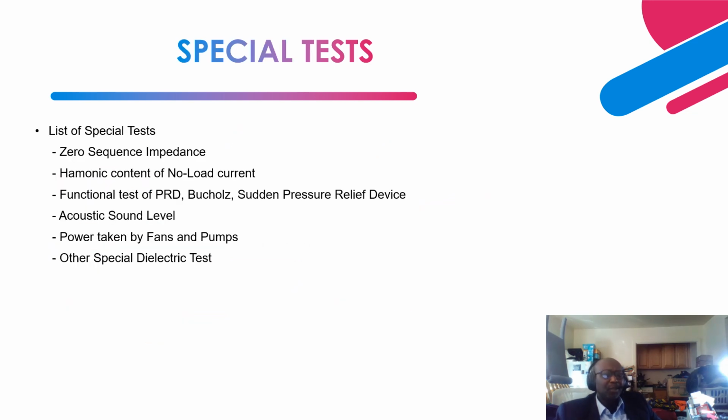Next is a special test, right? Sometimes the customer comes up with certain needs of a test that needs to be done, and they have to provide a list of special tests as part of the specification given to the manufacturer. This is an example of a typical special test: zero sequence impedance testing.